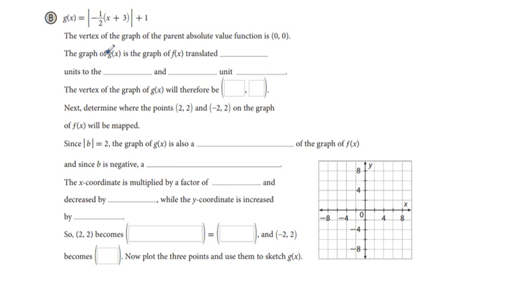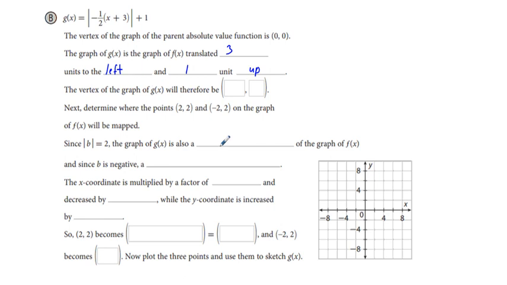The graph of g of x, the graph of f of x, translated. Okay, we are translating how many units? Well, x plus moves to the left and x minus to the right. So 3 units to the left, and 1 unit up or upward.